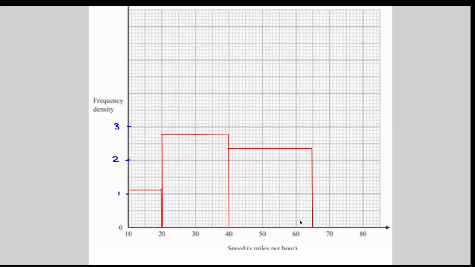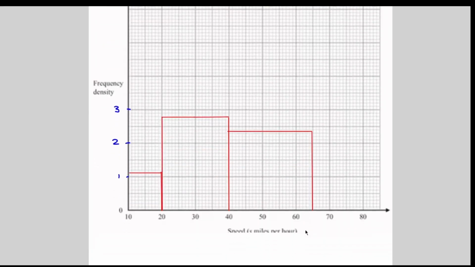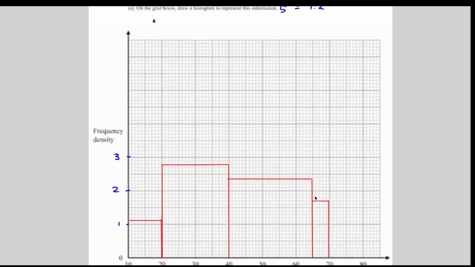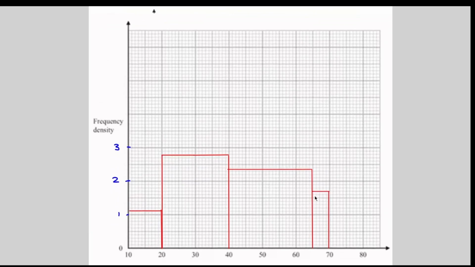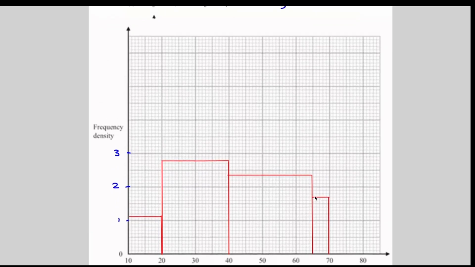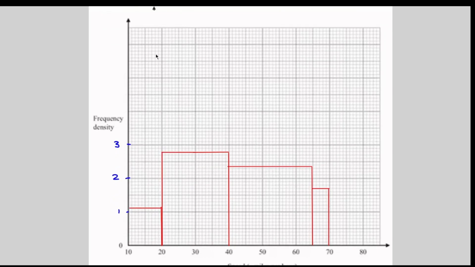Next one, 65 to 75. Its frequency density is 1.7. Last one, 75 to 80.